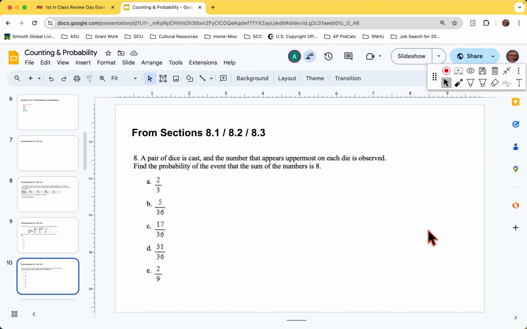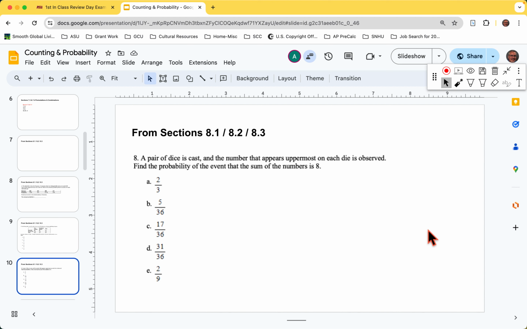I would guarantee you'll find a similar type of question. There's going to be something about rolling 2 dice, so you've got to remember that chart. How many different possibilities are there? 6 times 6, 36. So that's one hint.